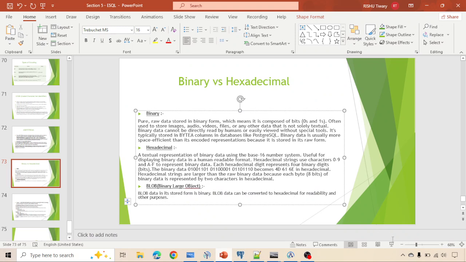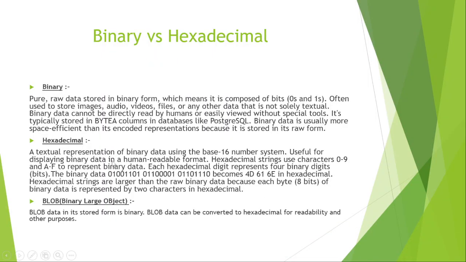So hexadecimal is the textual representation of binary data using the base 16 number system, useful for displaying binary data in a human readable format. It is mainly used because 0 and 1 cannot be understood by humans, so we are converting the binary data into a format that a human can understand.